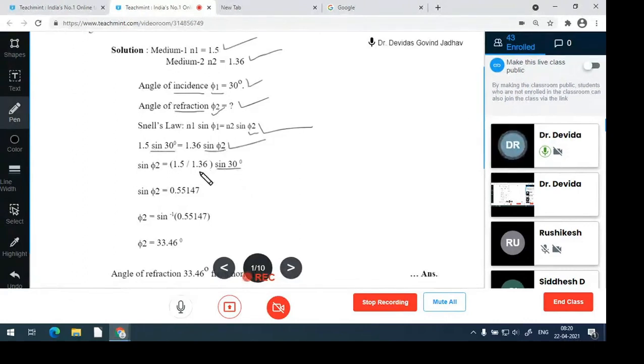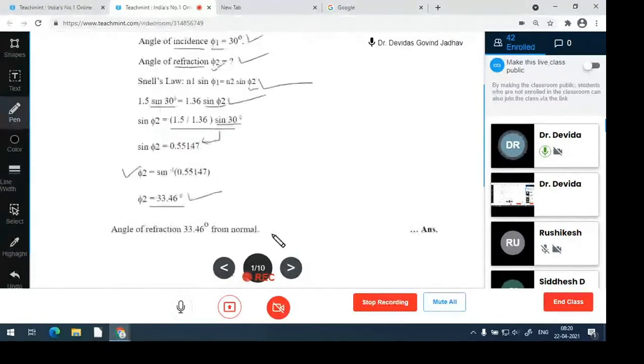After calculating this, it turns out as 0.55147. So sin phi 2 is 0.55147. So phi 2 will be sine inverse of 0.55147. So phi 2 comes out as 33.46. So this is a very simple example. The angle of refraction is 33.46 degrees from the normal.